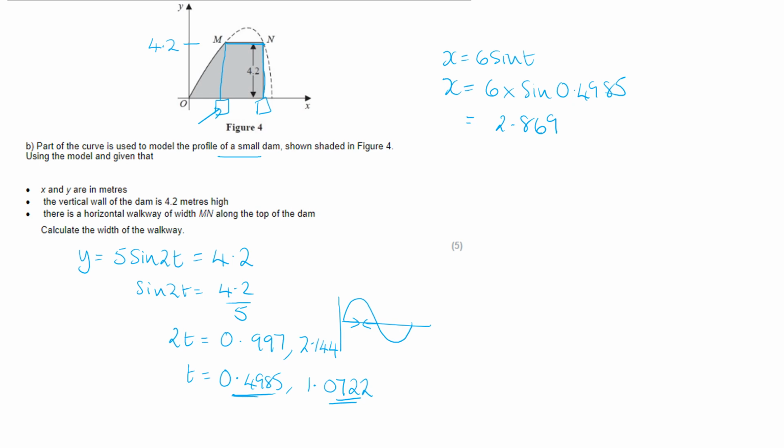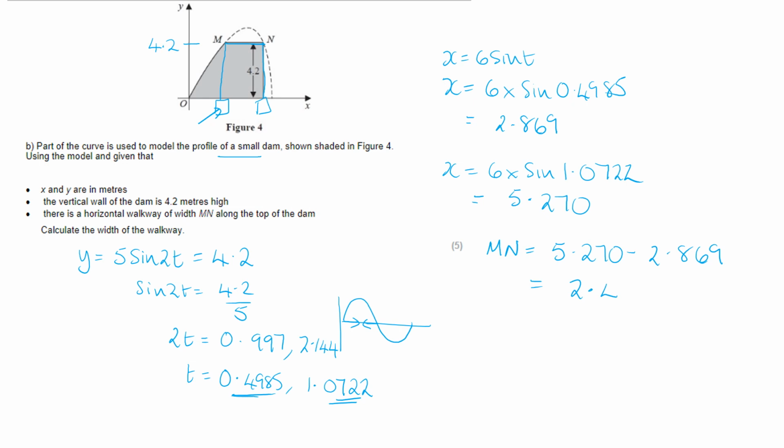And then if we put the other one in, x is equal to 6 times sine of 1.0722. And on your calculator, that comes out to be 5.270. So the width of the walkway, MN, is equal to 5.270 minus the 2.869, which comes out to be 2.40. And that will be in meters.